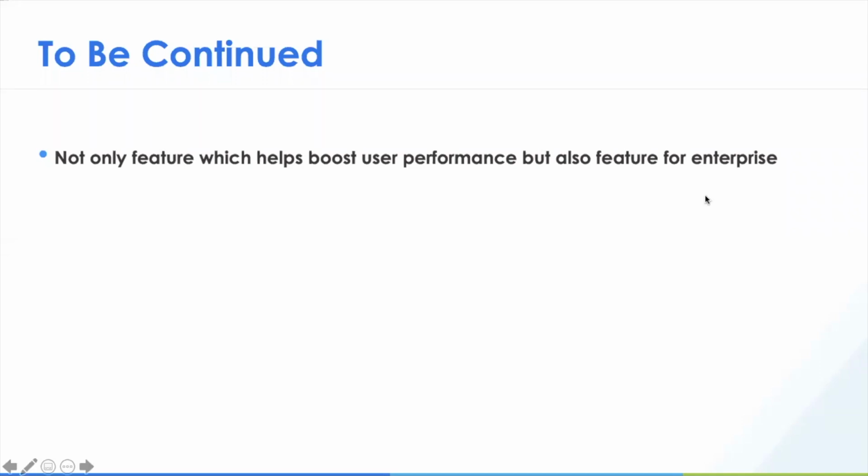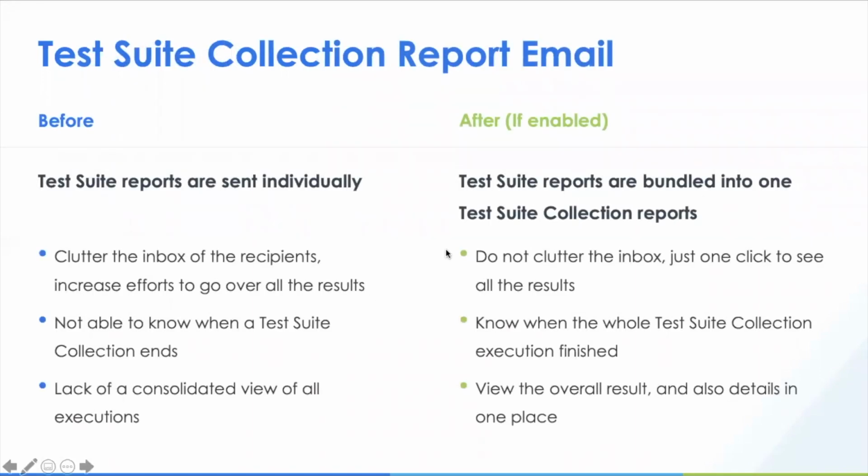The first thing I'm going to show you is a new feature called test suite collection report email. In the previous version 7.4, when you execute a test suite collection, all of the test suite reports will be sent to the recipient's email.